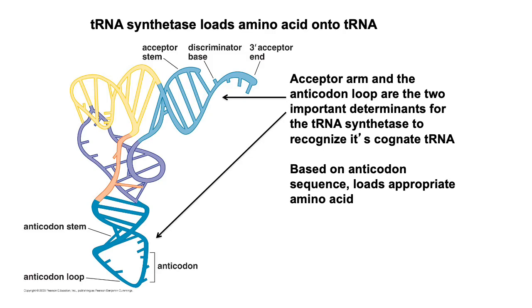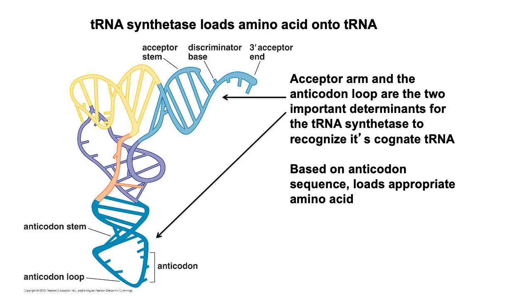Now, how do they know how to read the anticodon, and how does that dictate which amino acid they bind? Well, that's essentially called the second genetic code, and it's not something I'm going to get into in this course. Needless to say, there are some specific interactions between the acyl tRNA synthetases and the tRNAs.